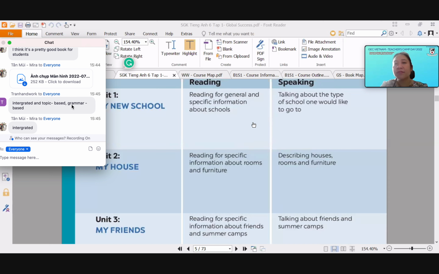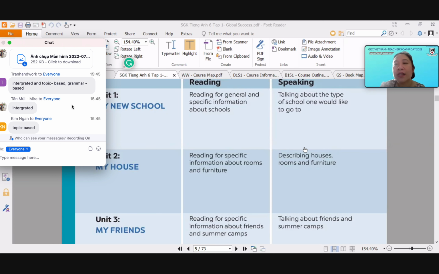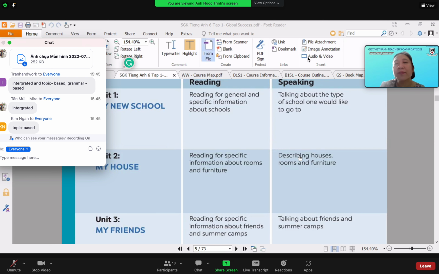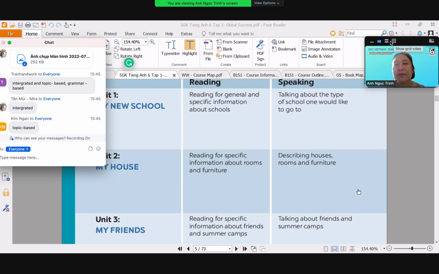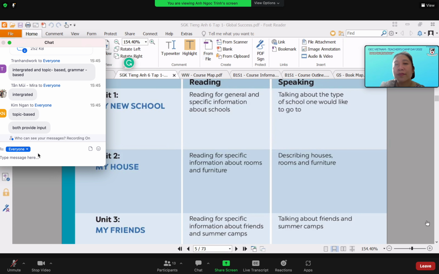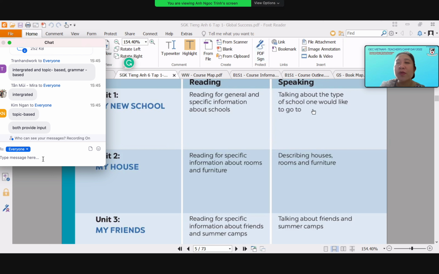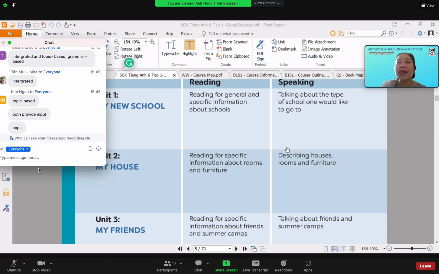Why do you think reading and speaking go hand in hand? They just put together reading, speaking, listening, writing, and language focus. Yeah, topic based, I agree. Reading for general and specific information, talking about the type of schools. Why do they put reading and speaking, listening and writing?